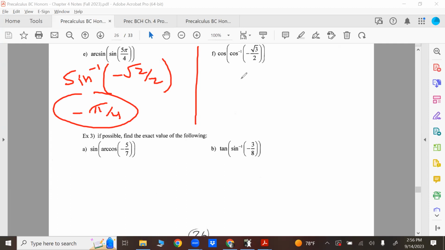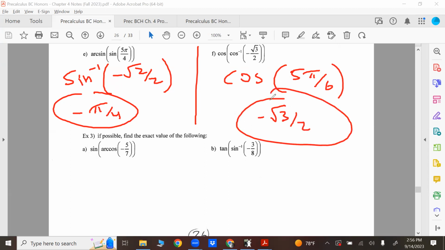That's going to be 150 degrees, or 5 pi over 6, I think. Well, actually, if it's inverse sine, you can't assume. But fortunately, this is still negative, right? We're in the same quadrant, so we're okay.